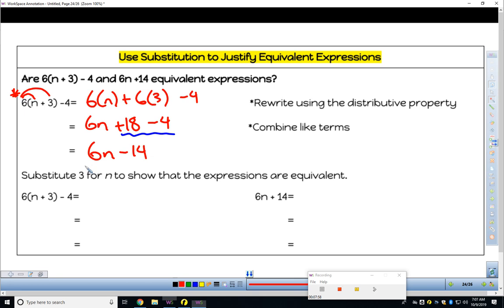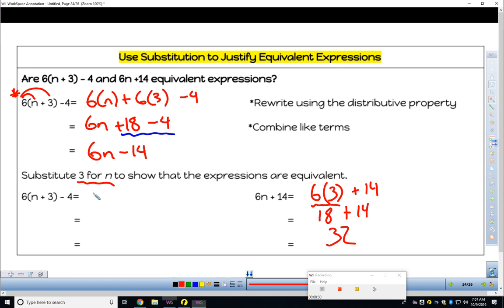We could also check that by substituting in. We could substitute 3 in for n. Just like in the 3.5 video, you're going to substitute in the 3 wherever you see an n, and then you're going to solve. So 6 times 3 is 18, and 18 plus 14 is 32.